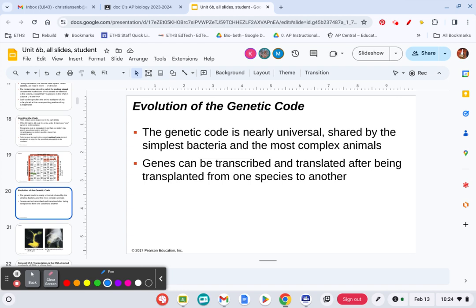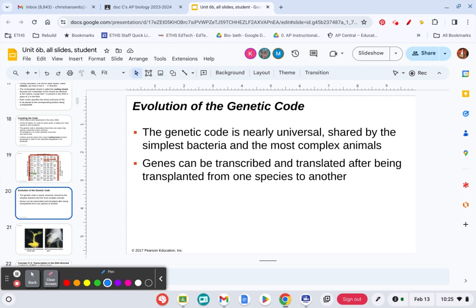So the cool thing about this, and we'll learn more about this as we go through this unit. One of the cool things about this unit is the idea that every living thing on the planet, from the most simple bacteria, to slugs, to the cockroaches in the back, to little Charlie the mouse, who's now going back and forth in my room, to us, we all have the same As, Cs, Ts, and Gs.